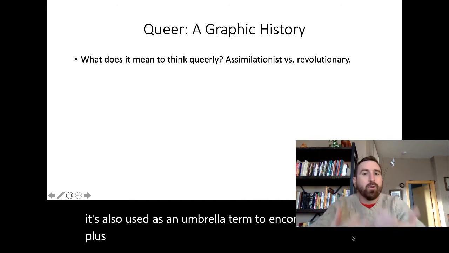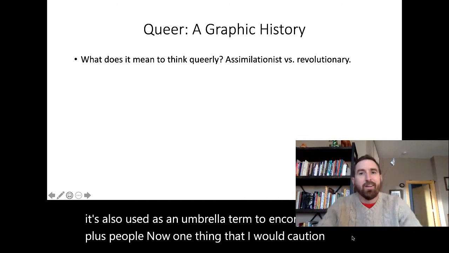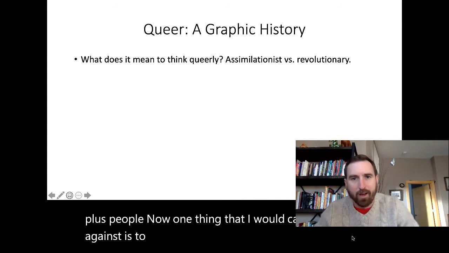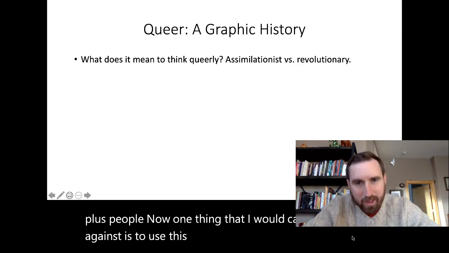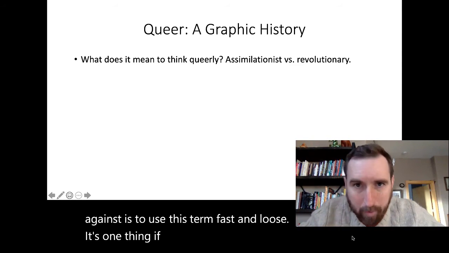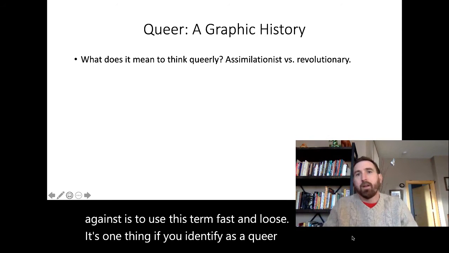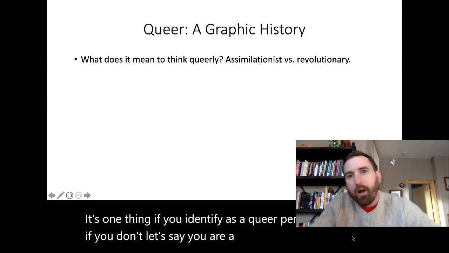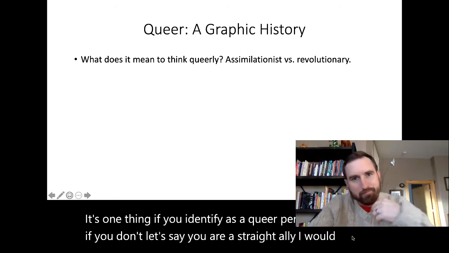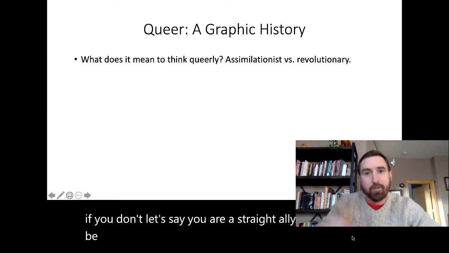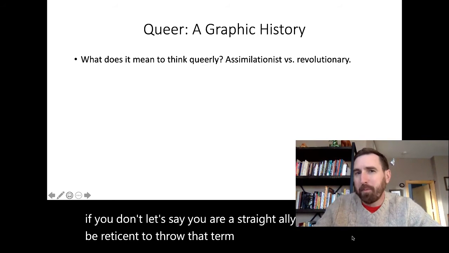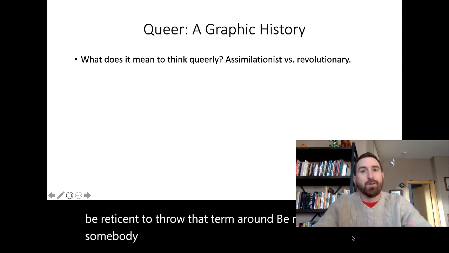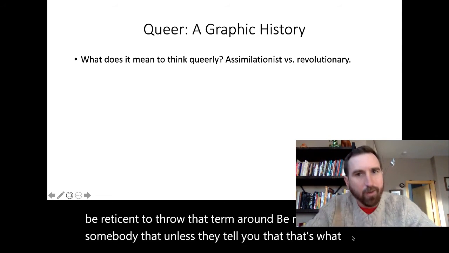Now, one thing that I would caution you against is to use this term fast and loose. It's one thing if you identify as a queer person, right? But if you don't, let's say you are a straight ally, I would say be reticent to throw that term around, be reticent to call somebody that, unless they tell you that that's what they want to be called, right?